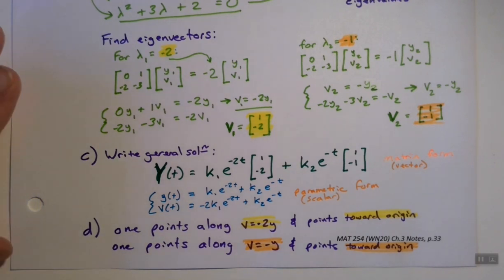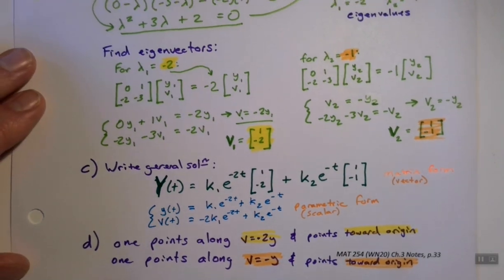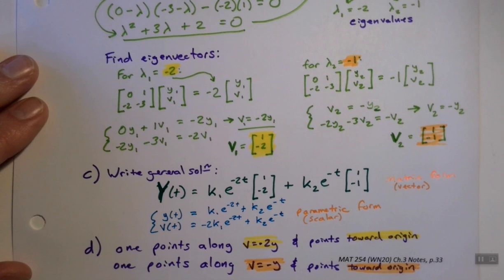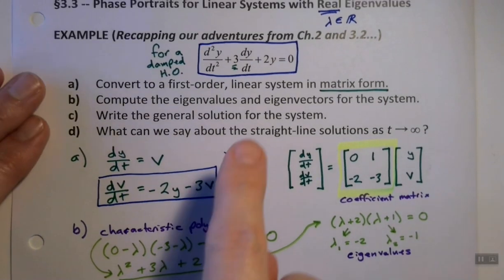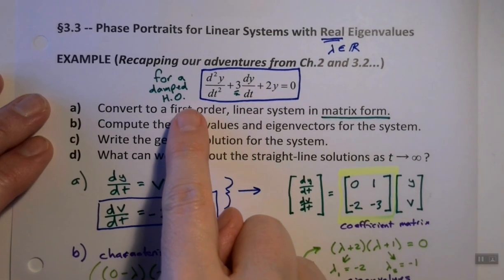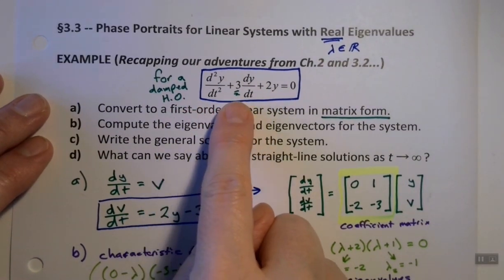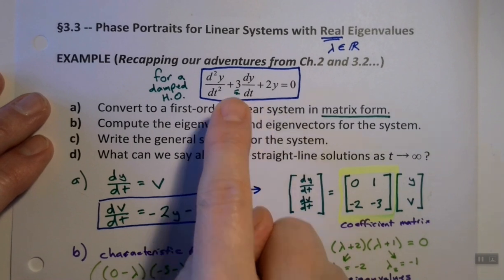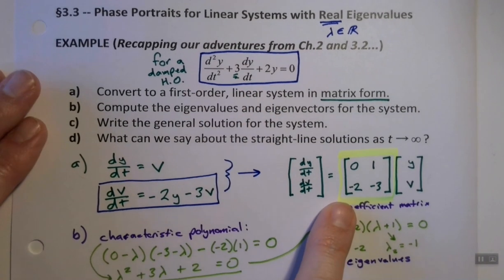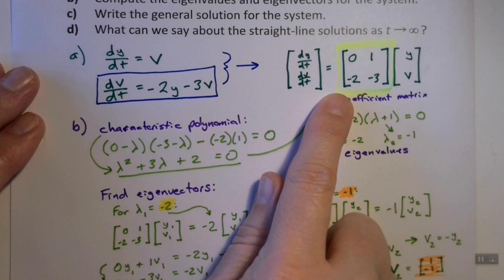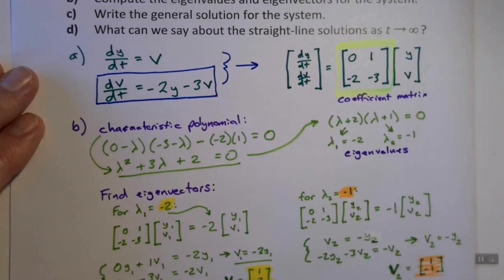So this is a lot on one page, I know, but I wanted to kind of encapsulate everything that we did in the tail end of chapter 2, where we were able to turn a damped harmonic oscillator's differential equation into a system, and then we now have a way to solve that system even when it's not partially decoupled.